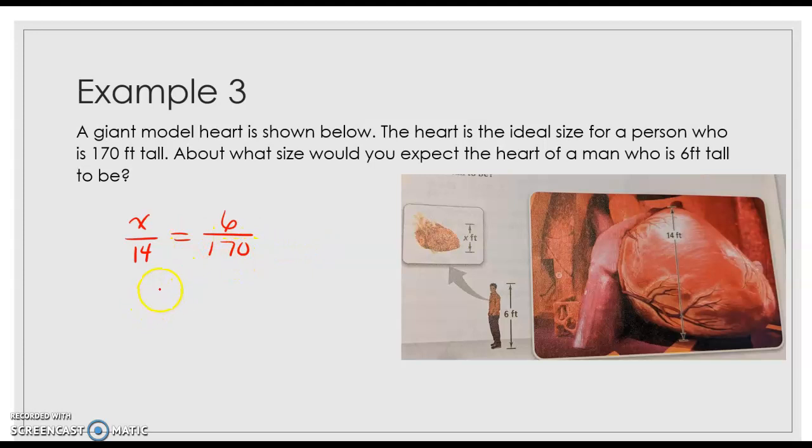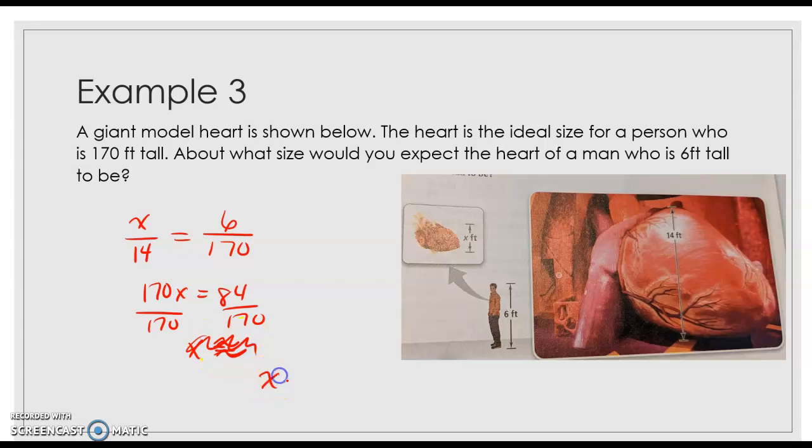All right, so from here, cross multiply. So I'm going to do 14 times 6, and I'm going to get 84. And I'm going to take 170 times x, so I get 170x equals 84. And then we're going to divide both sides by 170. And so then x is going to be approximately, I'm going to change that from equals to approximate.